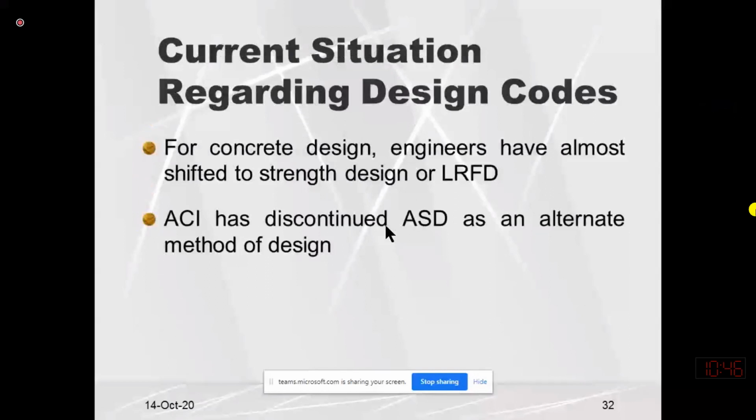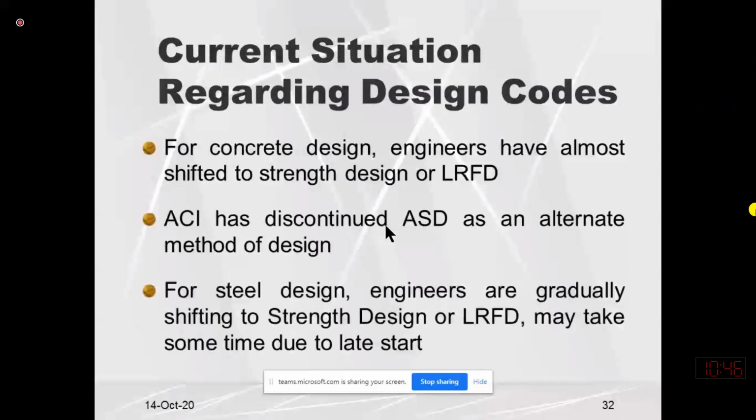ACI has discontinued ASD as an alternate method for design. For steel design, we are still using both methods. Some parts we still design using ASD. For example, in our design classes, I will explain that some of the members we are designing by ASD. When the method is developed for LRFD, maybe we will have to discard the ASD method for the design of that member.